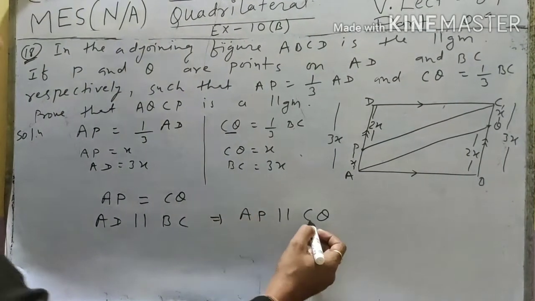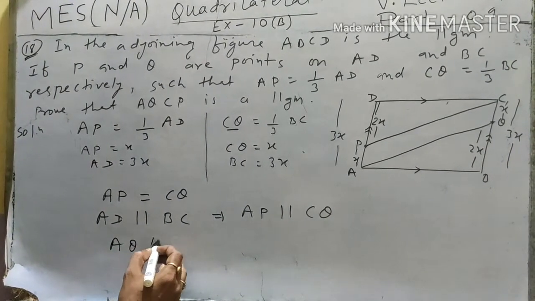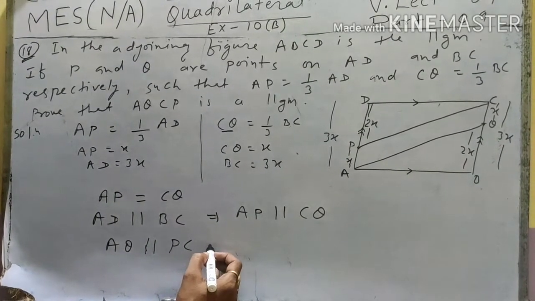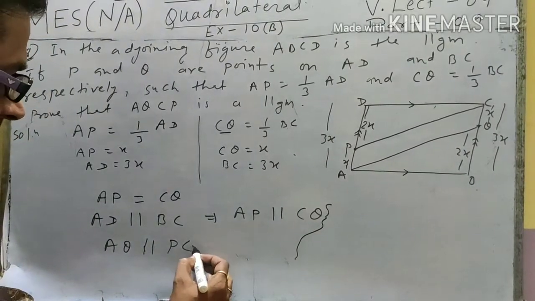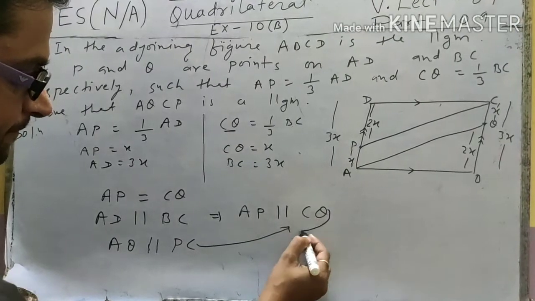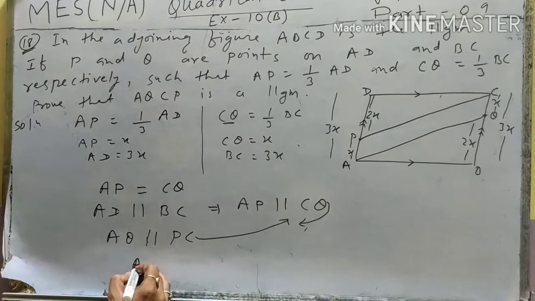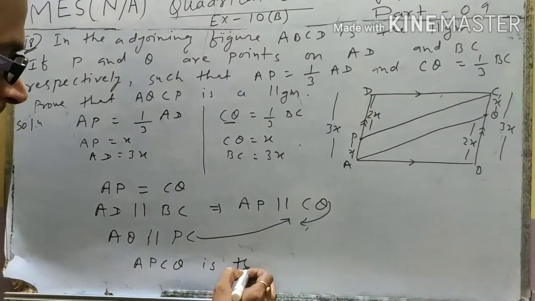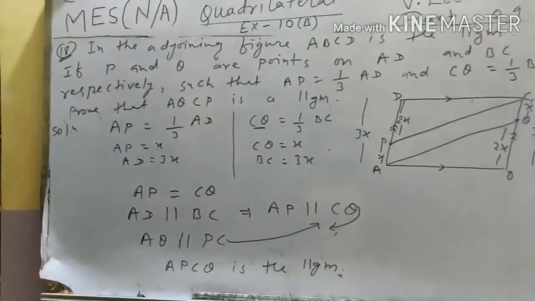That means if AP is parallel to CQ, so AQ is also parallel to PC. According to these two information, we can say here APCQ is the parallelogram.